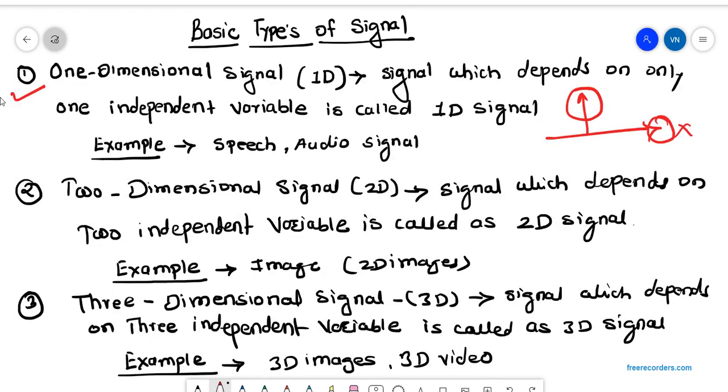But sometimes, if we consider examples like 2D images and 2D videos, they are also defined in the form of a signal.